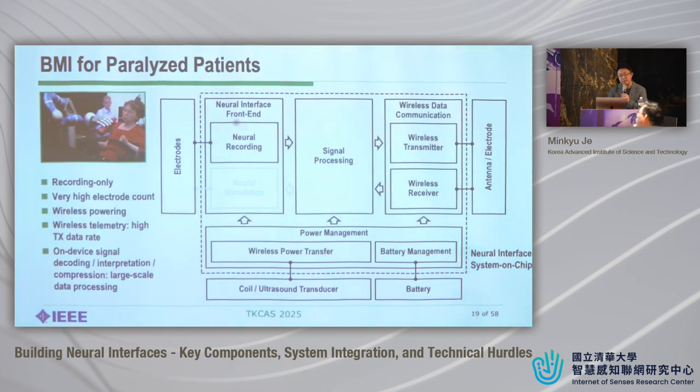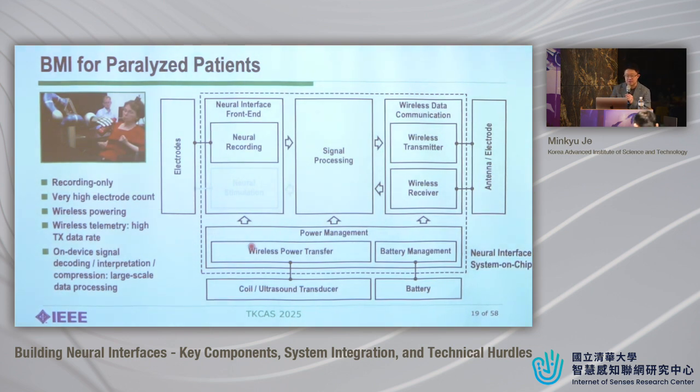So it is recording only, so they are not really taking care of the stimulation side yet. But because it has to interpret the human intention, I mean, more generally speaking, it is kind of reading the mind, usually it requires a large number of electrodes, right? So that should be the challenge of this type of system.